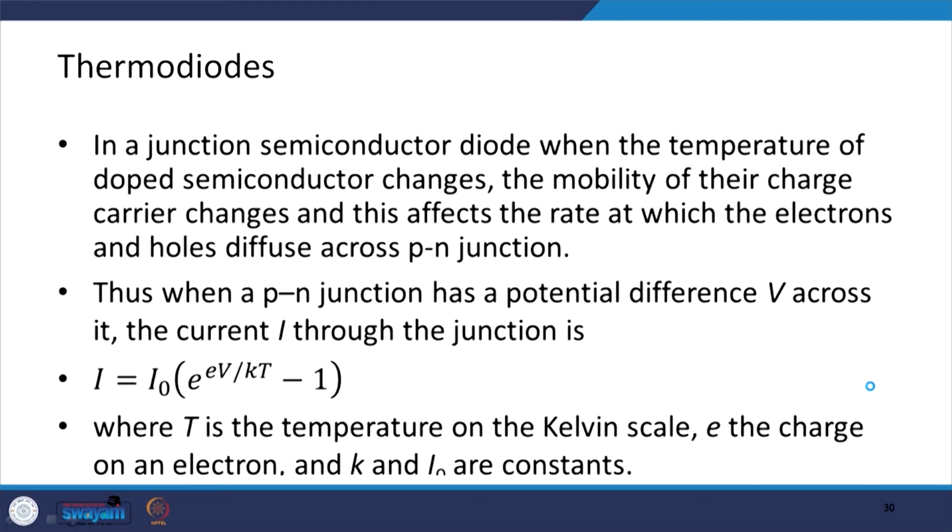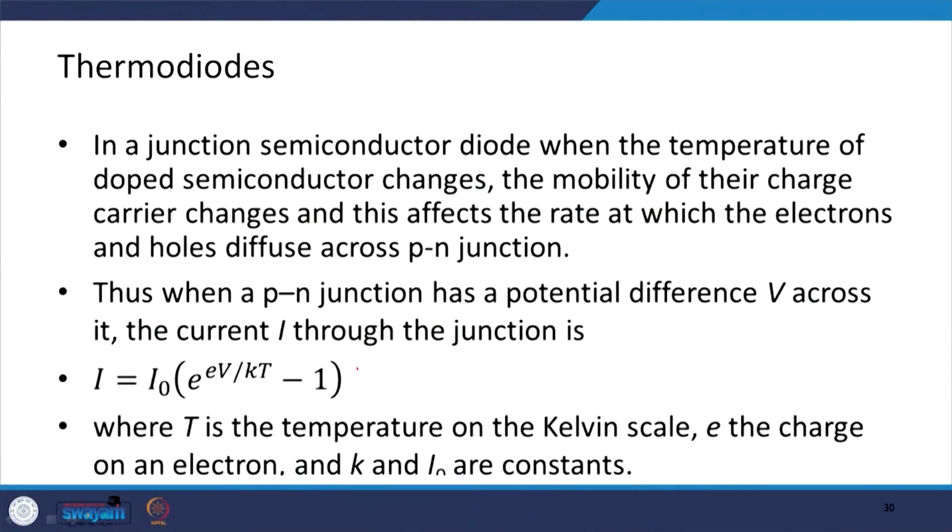Thermodiodes are again devices for the measurement of temperature. Now, in a junction semiconductor diode, when the temperature of the doped semiconductor changes, the mobility of the charge carriers changes, and this affects the rate at which electrons and holes diffuse across the p-n junction.